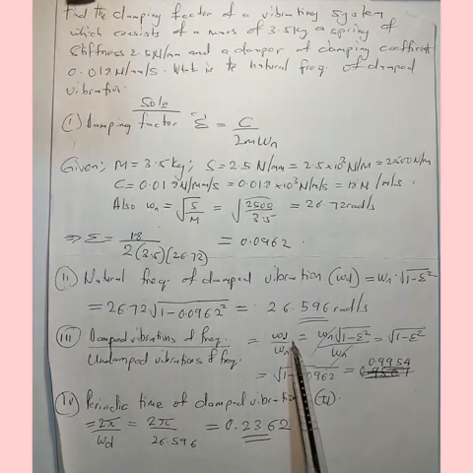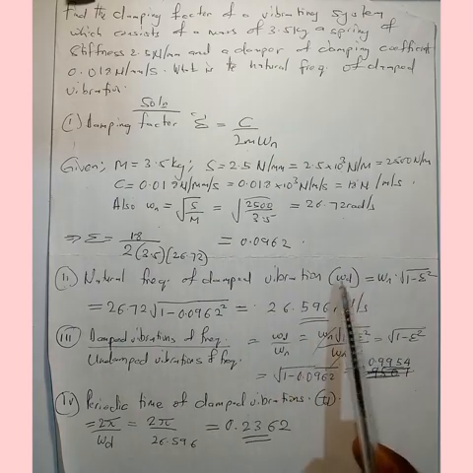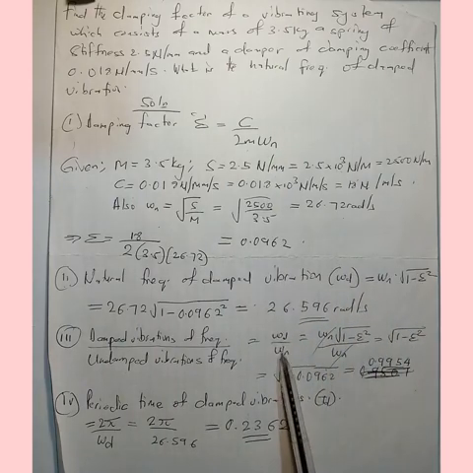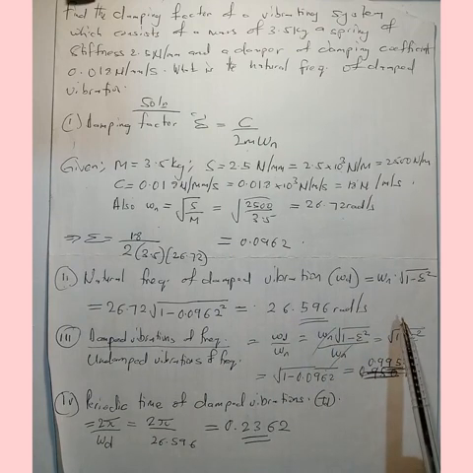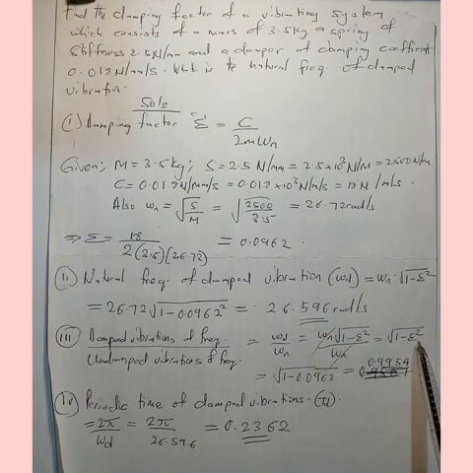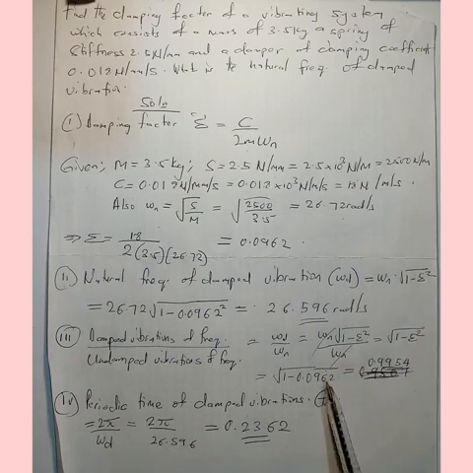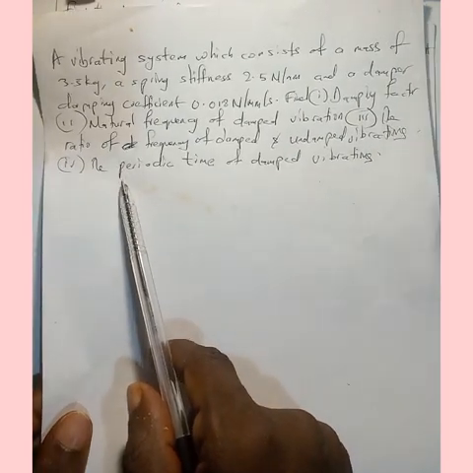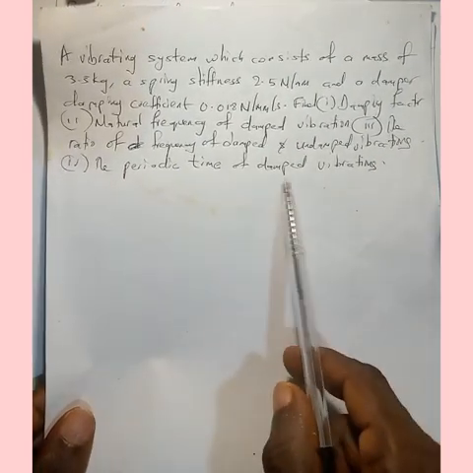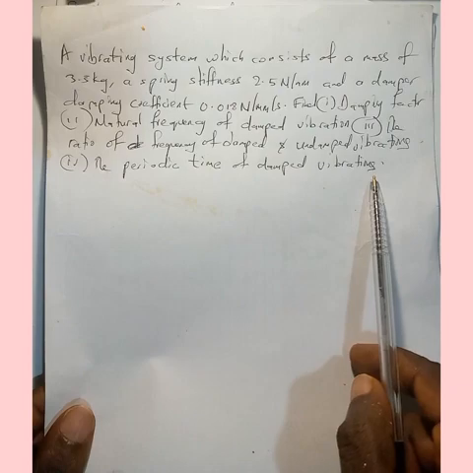Omega d, we already know the formula. All over omega n, so omega n cancels out. All we are left with is the square root of 1 minus damping factor squared. We already know the damping factor, we substitute, and eventually we get the ratio as 0.9954.